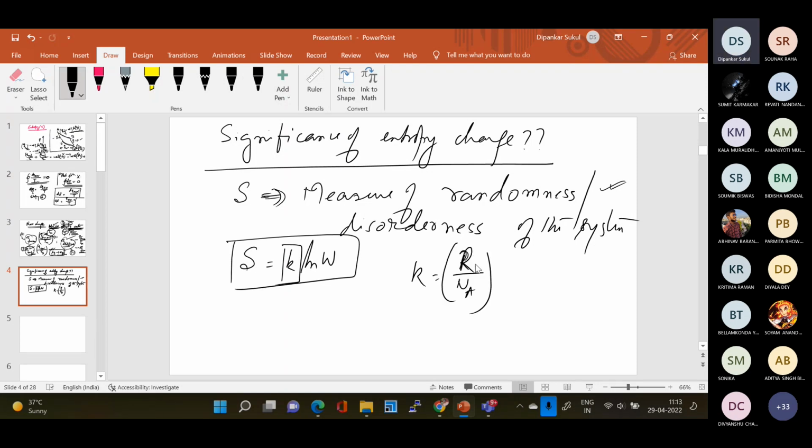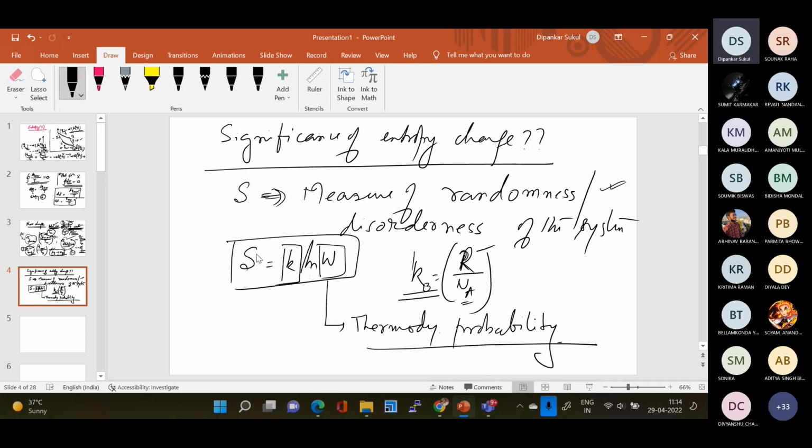R means the ideal gas constant. Na is the Avogadro constant or Avogadro number. This ratio is the Boltzmann constant. In some books, it is given by K suffix B. And in ln W, W is the thermodynamic probability.